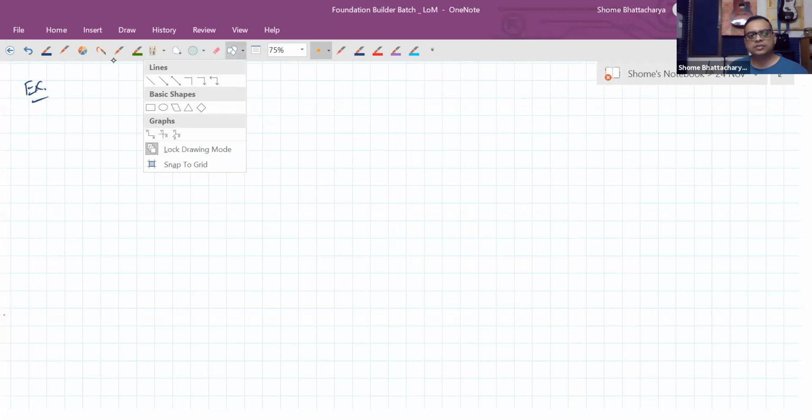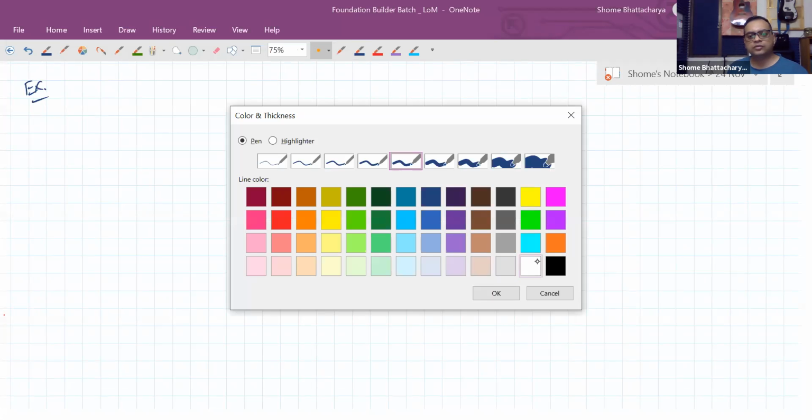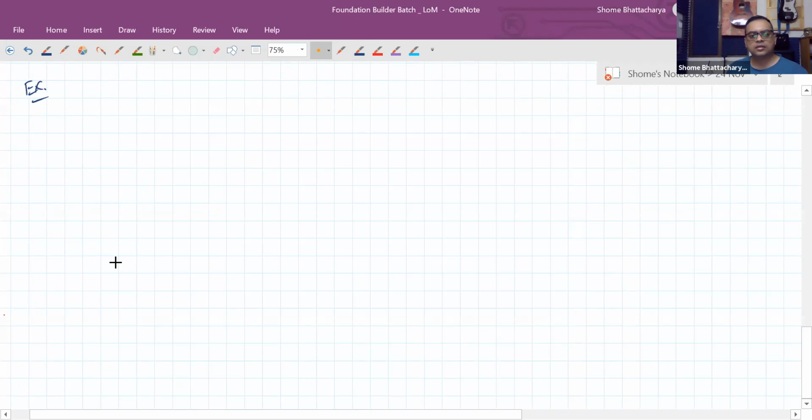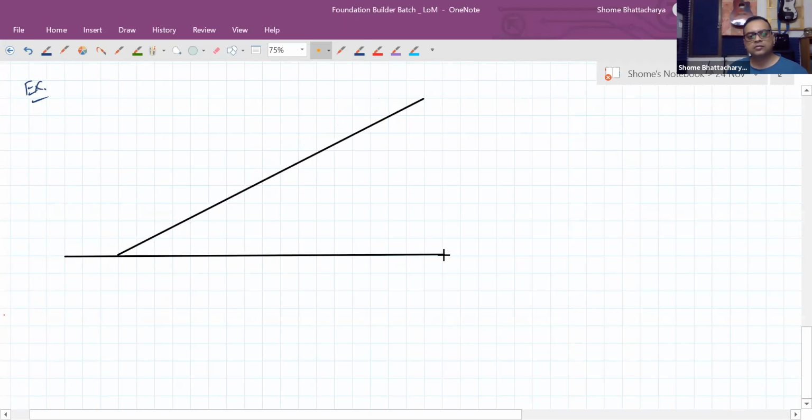Okay, now this time we'll go back to an example of a body on an inclined surface. So this is a smooth inclined plane.